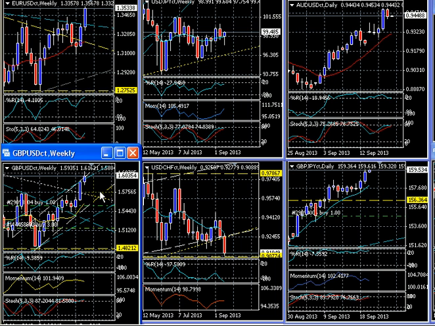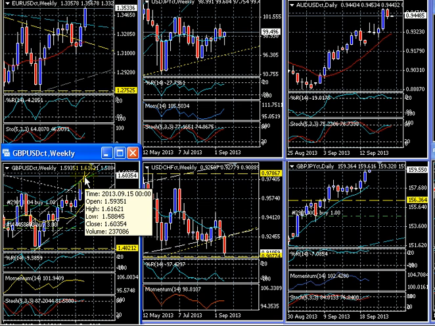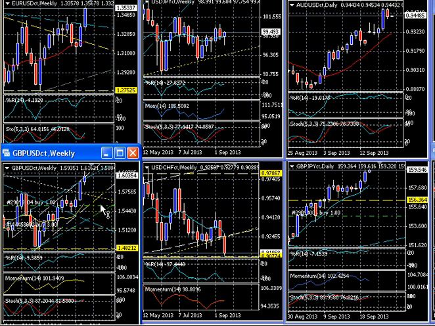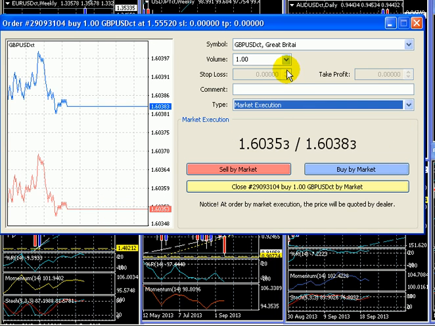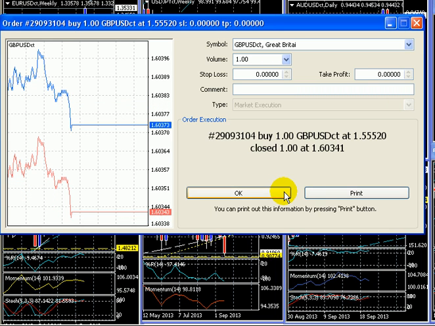While cable has still a potential to move higher, however, the current price right now at 1.6035 has been in a corrective daily session move, and we would be taking out our second position. Okay, at 1.6034 level, we've liquidated our second position of 1.5552.